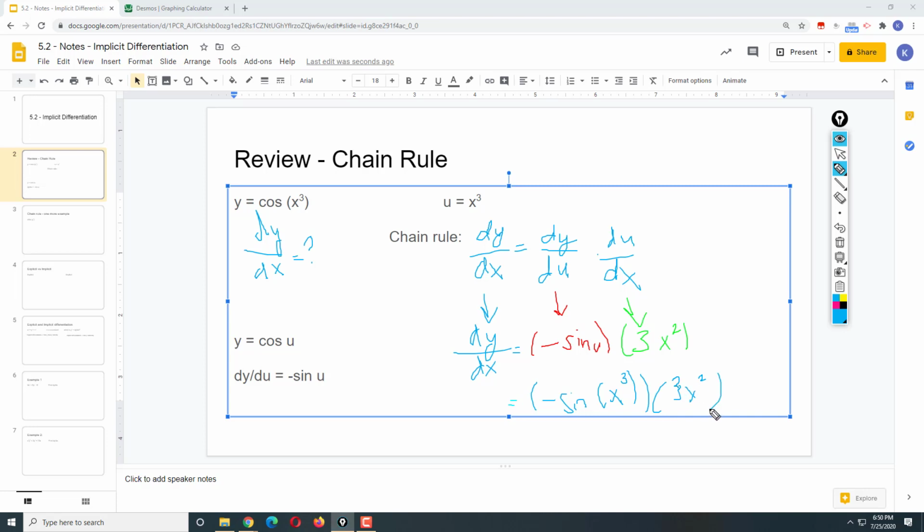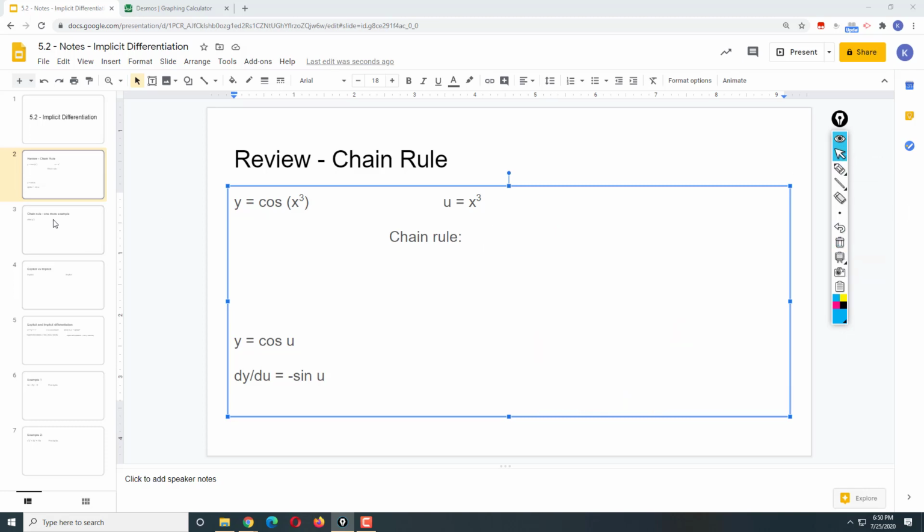And that's the answer. Again, we can simplify by thinking: if y equals cosine x cubed, then y prime is just, well, cosine becomes negative sine, and then we also have to differentiate the inside term, so it's negative sine of x cubed times 3x squared. So that's just chain rule from the last lesson.